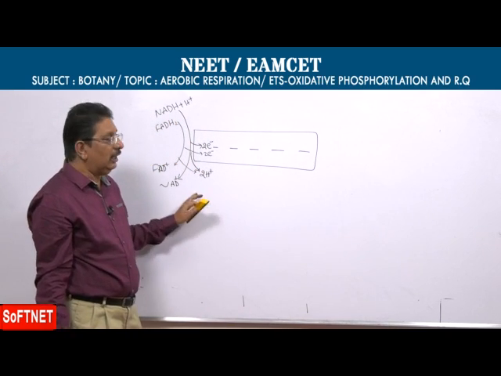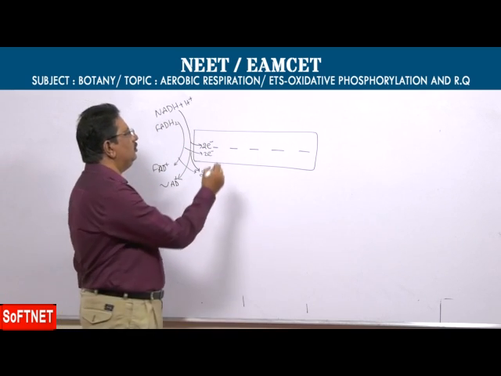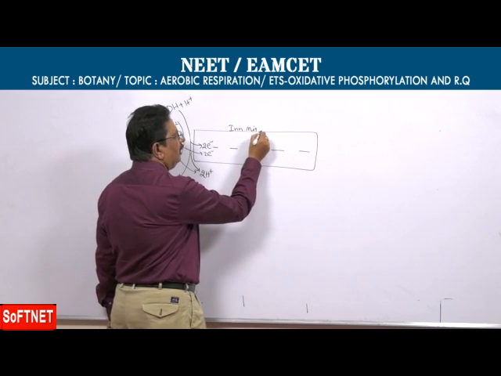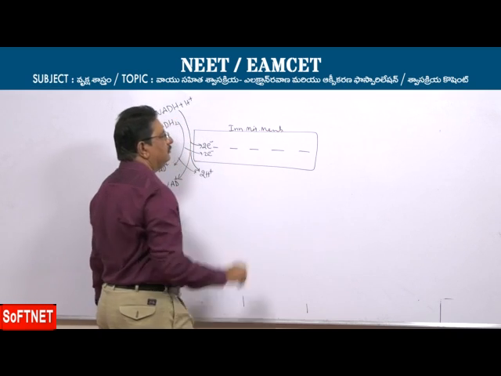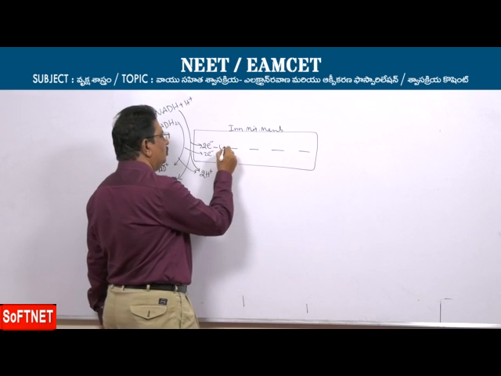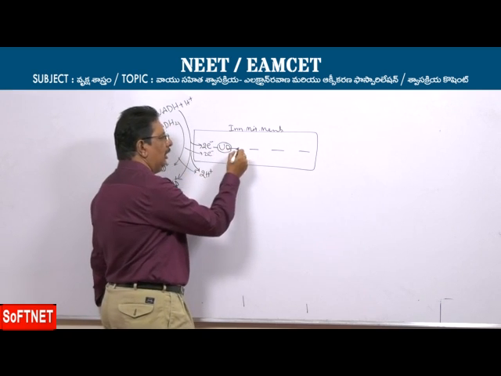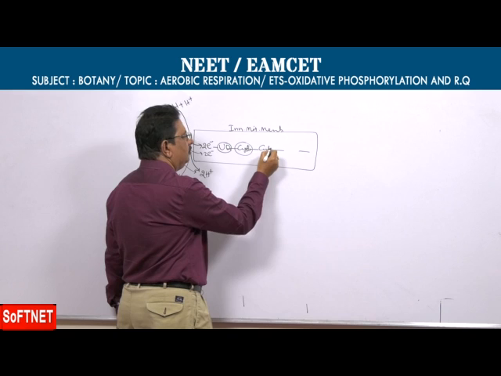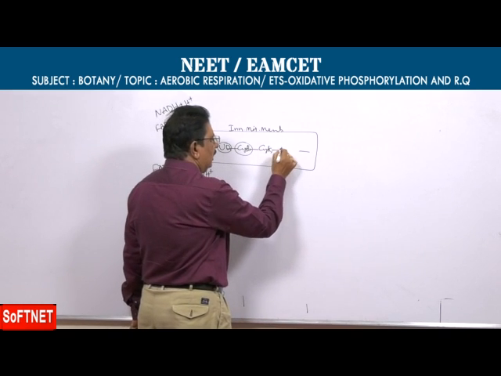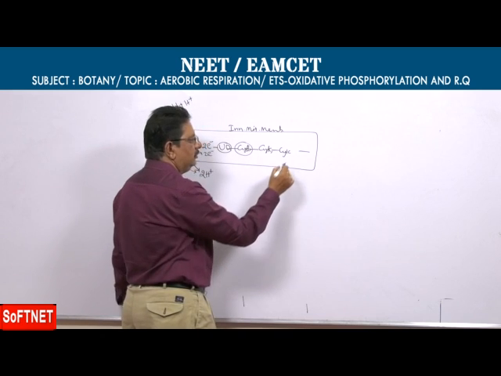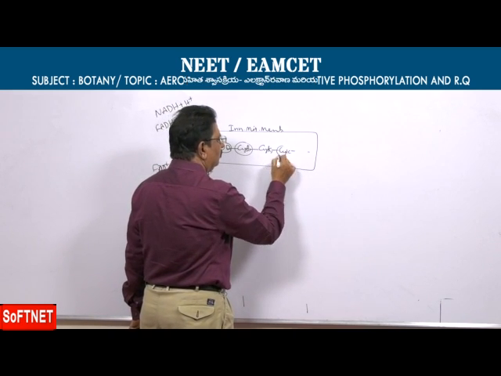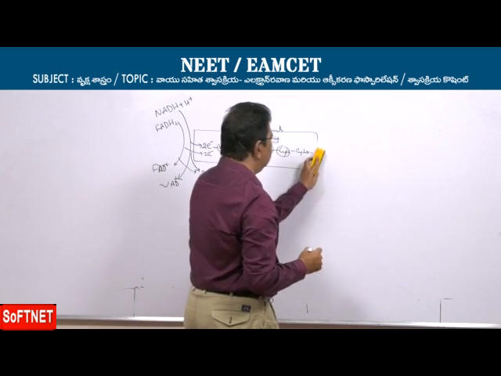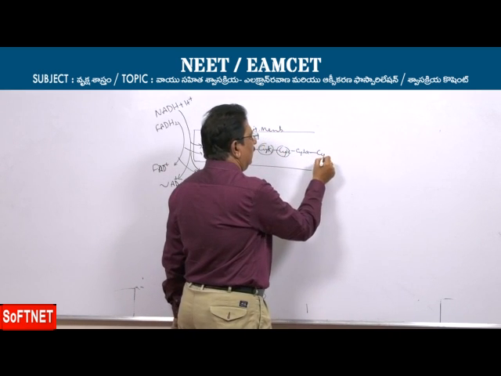complex of electron carriers, which are usually found in the inner mitochondrial membrane. These are ubiquinone, cytochrome B, cytochrome C1, cytochrome C and cytochrome A, and finally cytochrome A3.